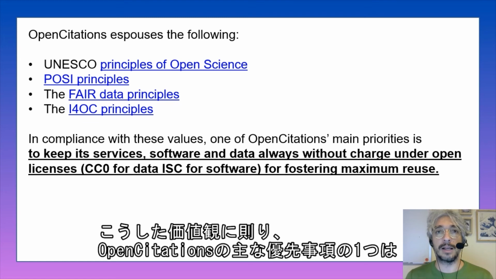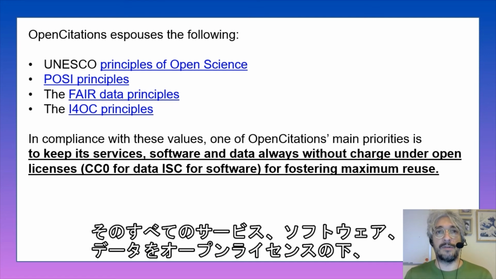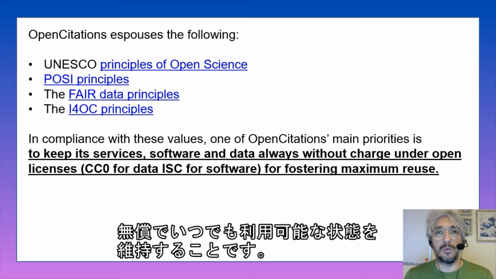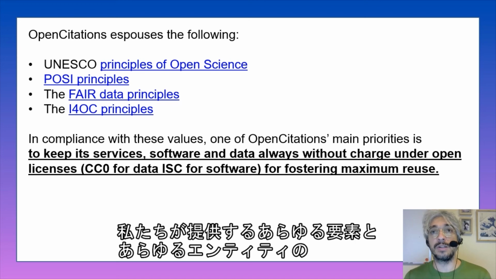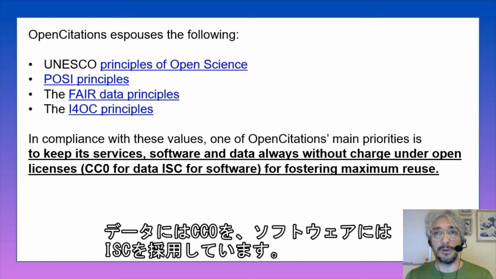In compliance with these values, one of OpenCitations' main priorities is to keep all its services, software, and data always available without charge under open licenses. We use CC0 for data and ISC for software in order to enable and foster maximum reuse of all the components, all the entities we provide.